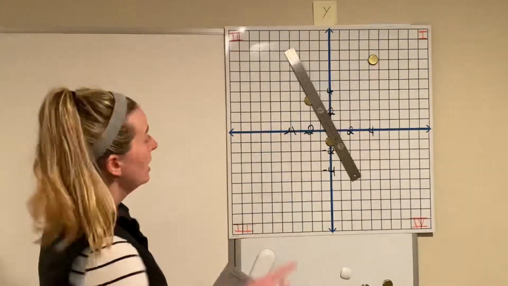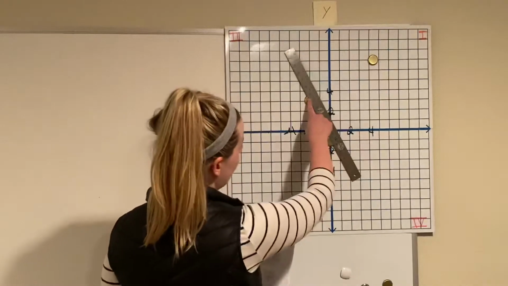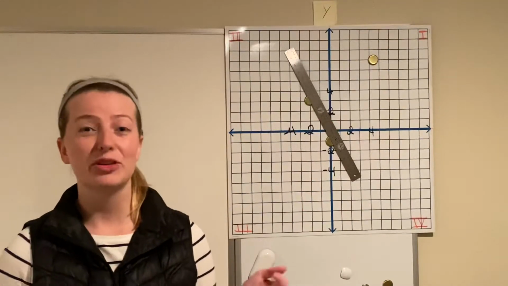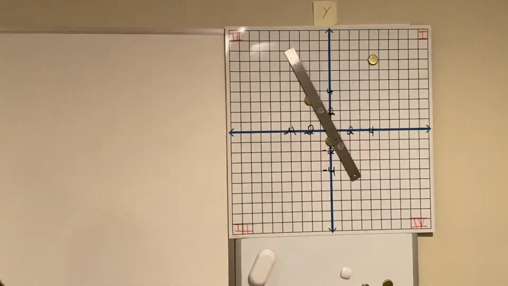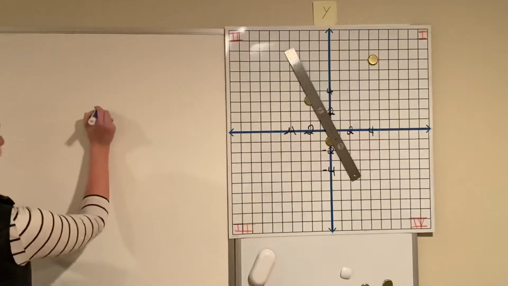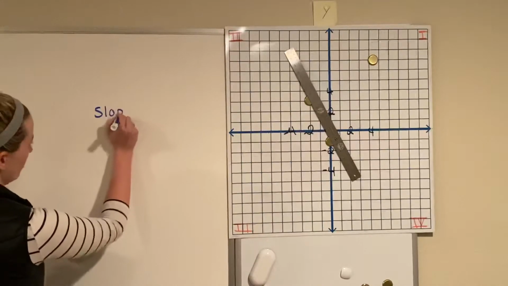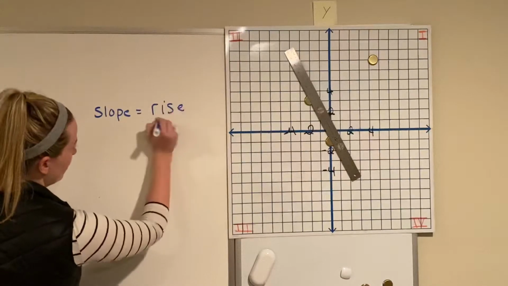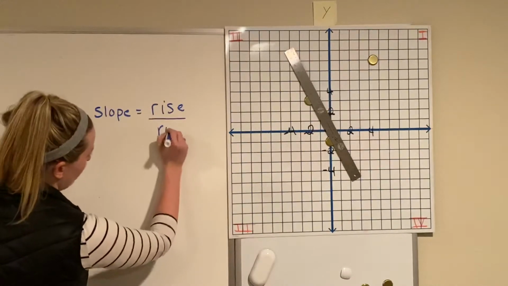On your paper, they're starting with this point and they're walking down, which is totally fine. But for the point of what we're learning right now, we're learning that slope is equal to rise over run.